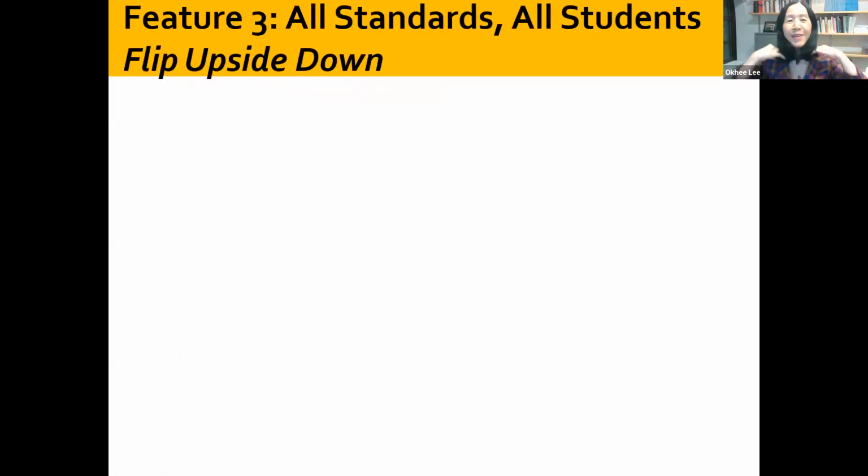So what does it mean when we say all standards and all students? We think of instructional shifts from left to right, where some people may use the term seismic change, where it's so violently shaking that some people may fall into the gaps. The way I think of it is a little bit like a flip. How?